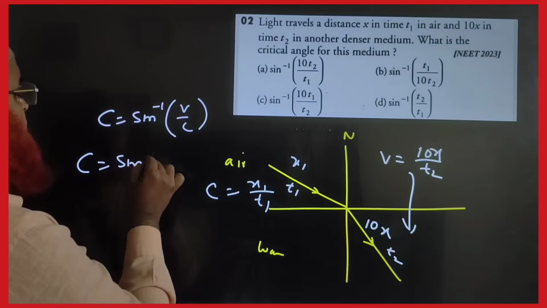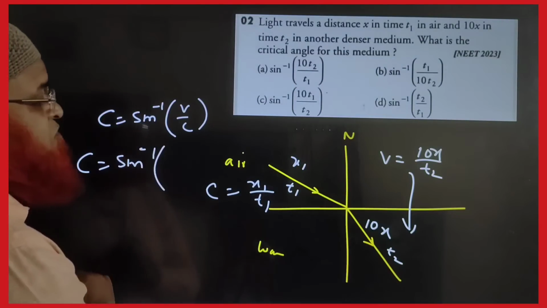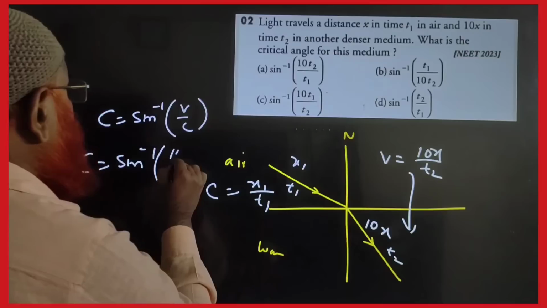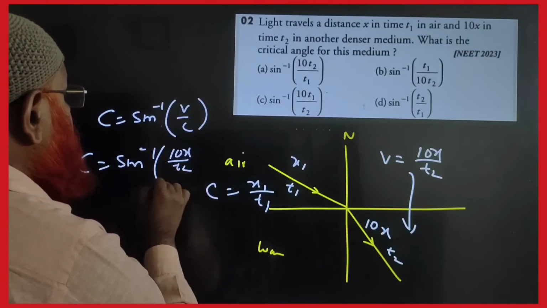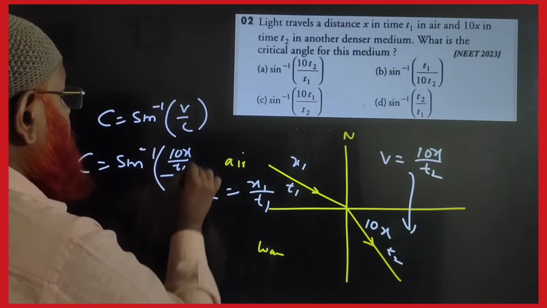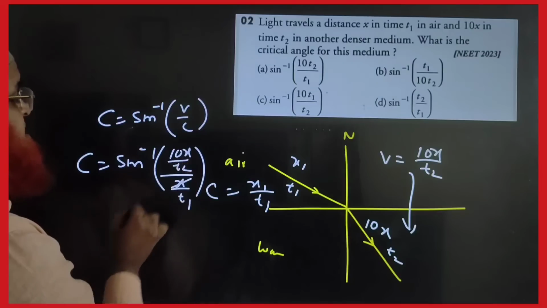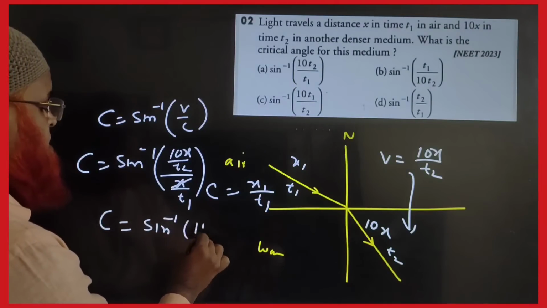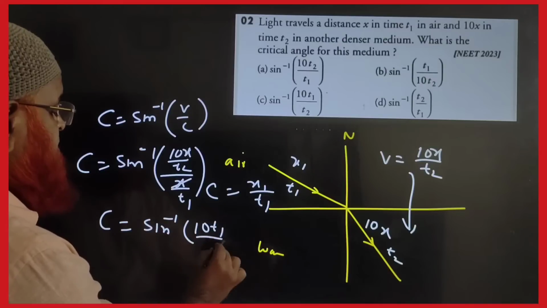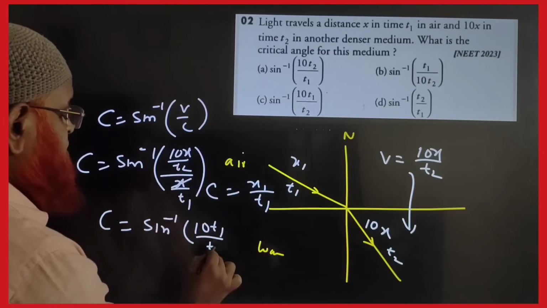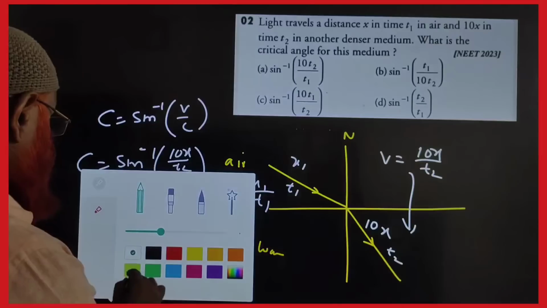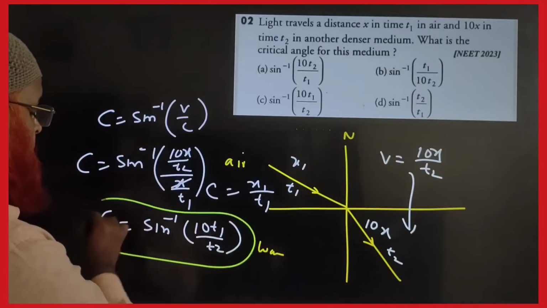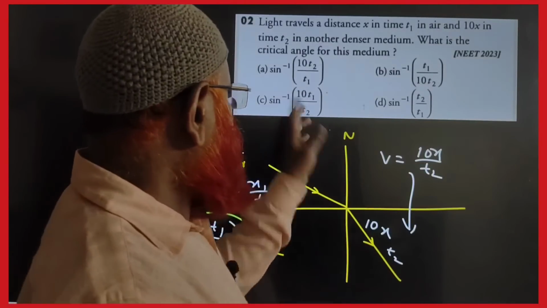C means sine inverse of V, V means 10x by t2, and this is x by t1. So x gets cancelled. What is left now? Sine inverse of 10 into t1 by t2. Okay, C is the correct option.